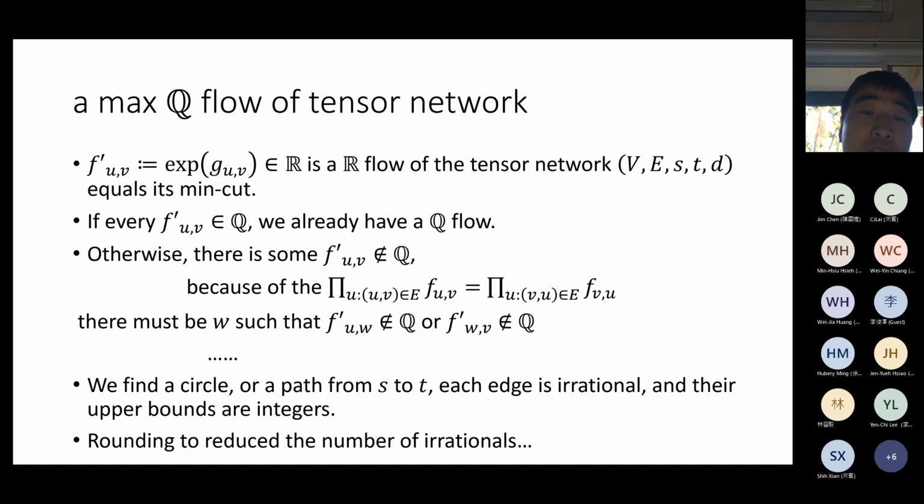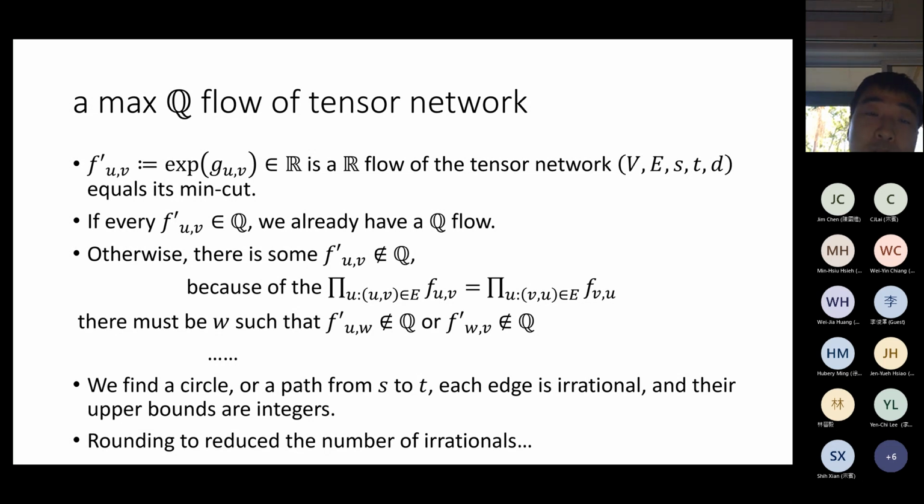So whenever there is some edge where the assignment, the flow from the real flow, is not a rational number, we can reduce the number of irrational numbers into rational, at least one, and the tensor network is finite, or the graph is finite.